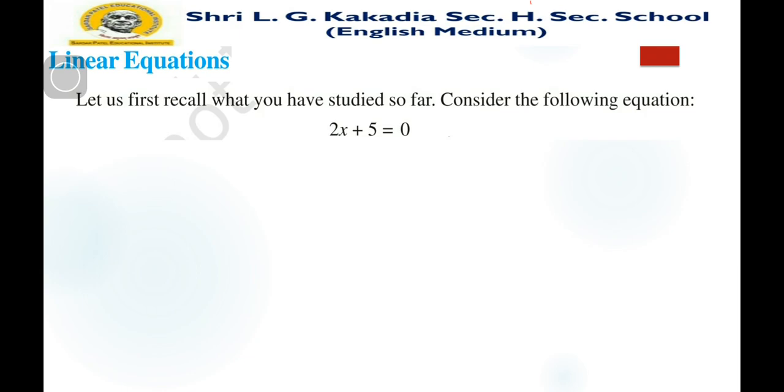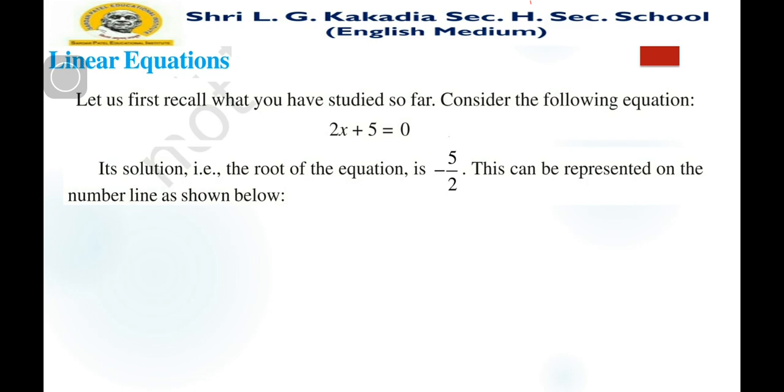Take 2x plus 5 is equal to 0. It is a linear equation in one variable, that is x. Its solution, that is the root of the equation, is minus 5 by 2. How? That you know. This can be represented on the number line as shown below.